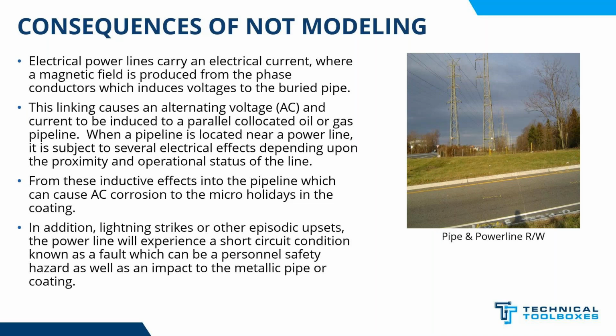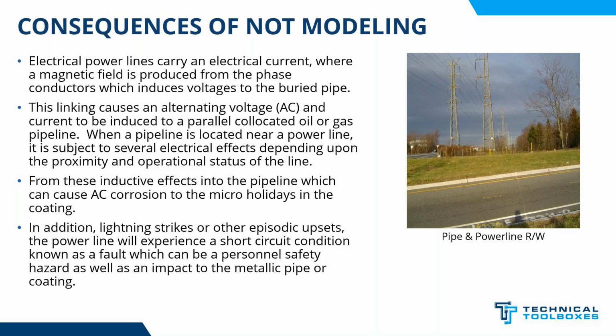The linking of AC current to the induced parallel collocated oil or gas lines is a major factor. And of course, for a pipe near a power line, particularly a tower, it is pretty important to know what that distance is, whether it's going to be a conductive fault or an inductive fault. The good thing is most faults are inductive.